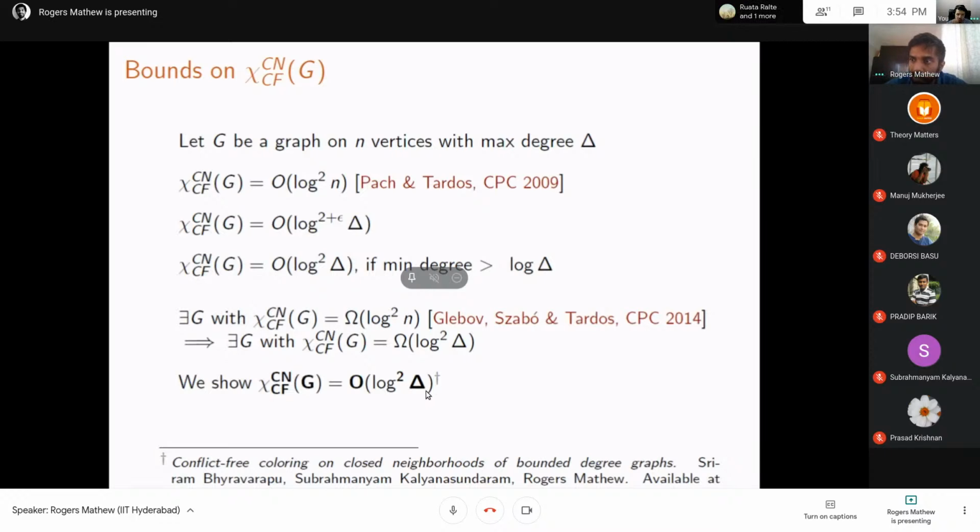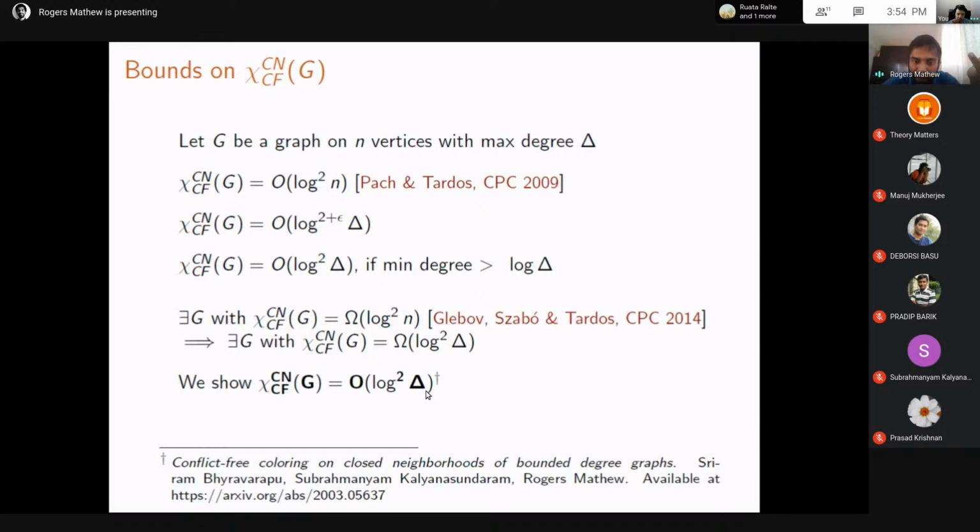There is no condition. Given a graph of maximum degree delta, its conflict-free closed neighborhood chromatic number is at most some constant times log square delta. Okay, so without the min degree requirement. Yeah, without the min degree, exactly. We could remove that.